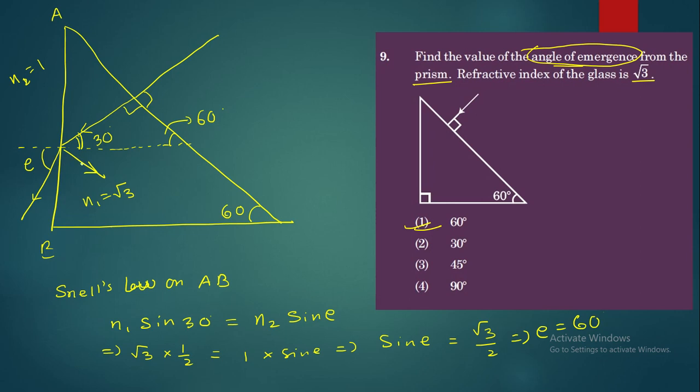Okay, but I have solved the problem directly without checking that. It's just that the calculation will be lengthy, but it should have been checked. So here in this question, this angle 30 is less than the critical angle of the medium. You can check it. Okay, let's move on.